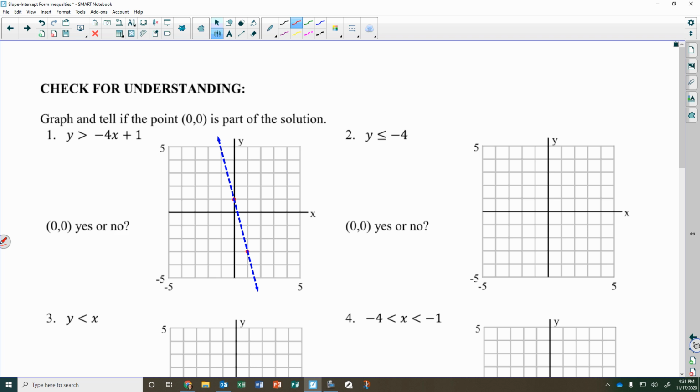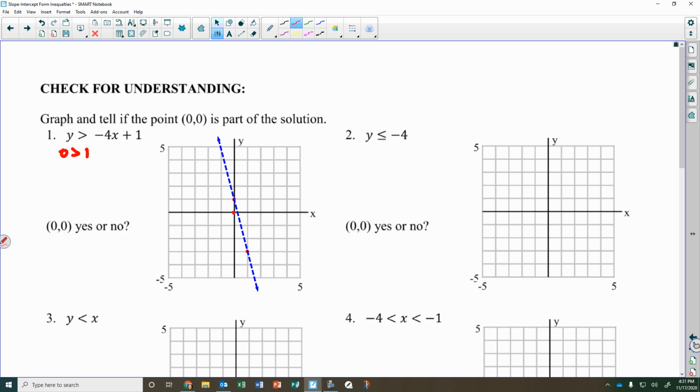Now, is 0, 0 a solution or not? Let's test it because we're going to see where we're going to shade. If you remember from the notes, anything that is greater than is shaded above. But again, if you're not sure, test it. 0, 0 is right here, which means it's to the left of the line. If I plug a 0 in for y and a 0 in for x, negative 4 times 0 is 0.